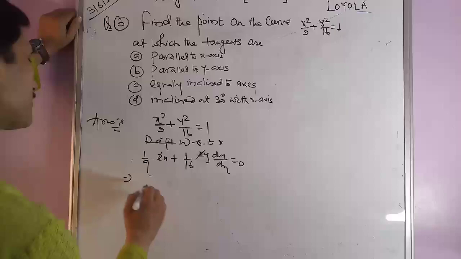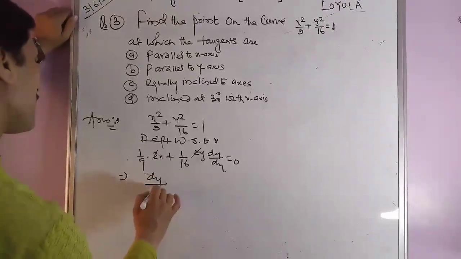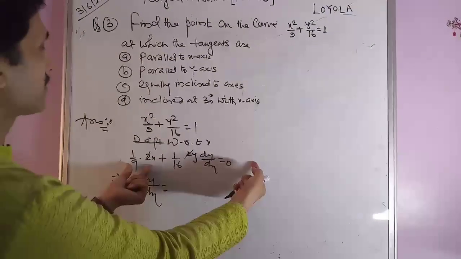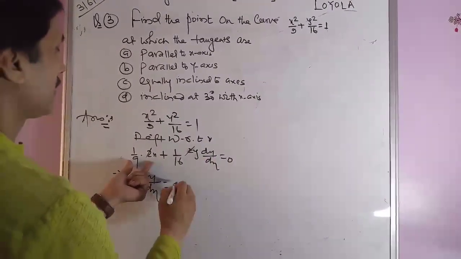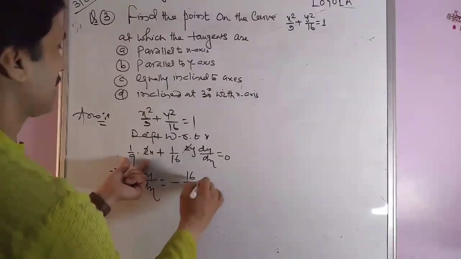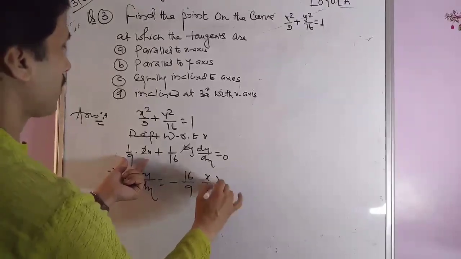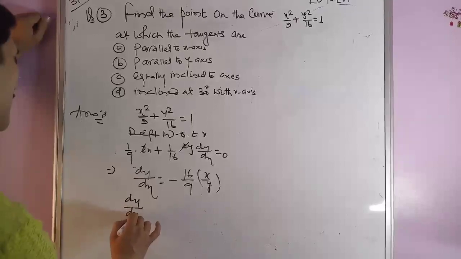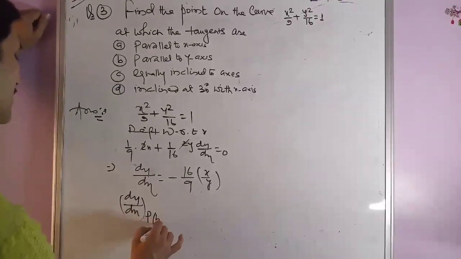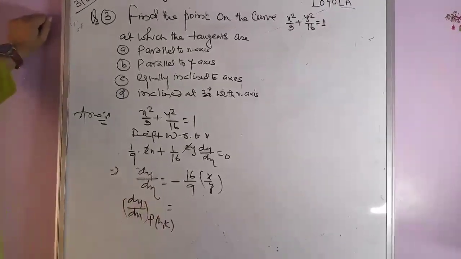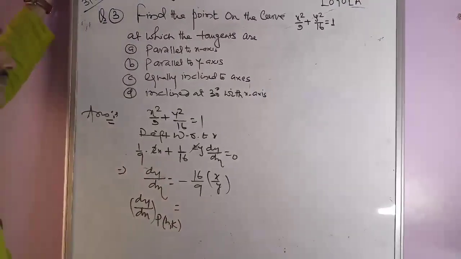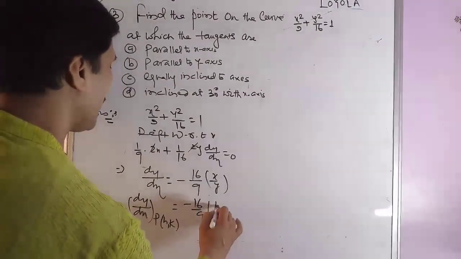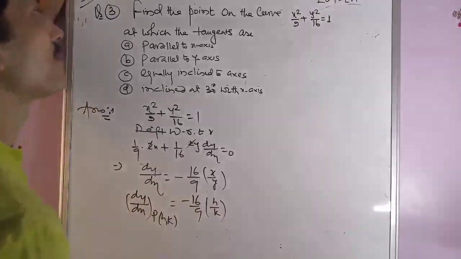So dy by dx equal to minus 16 by 9 x upon y. So dy by dx at point P(h, k), here we take point of contact P(h, k), is minus 16 by 9 h upon k.